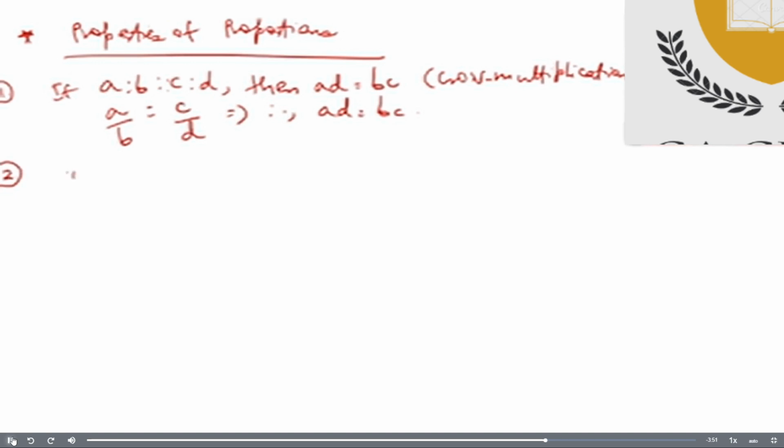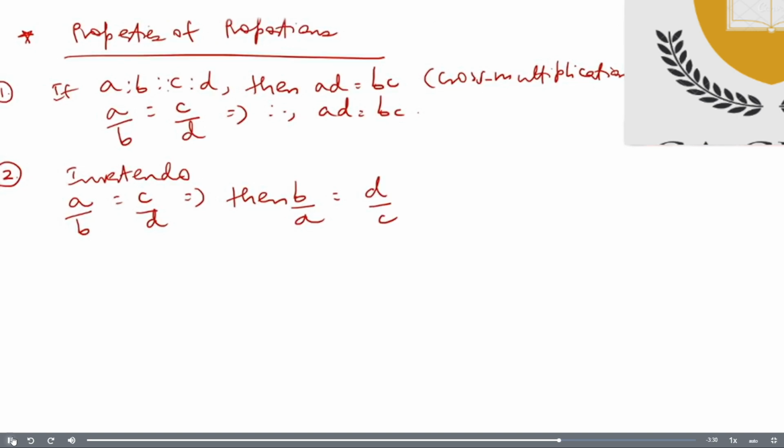The second is invertendo. If A by B is equal to C by D, then B by A is equal to D by C. Alternando.